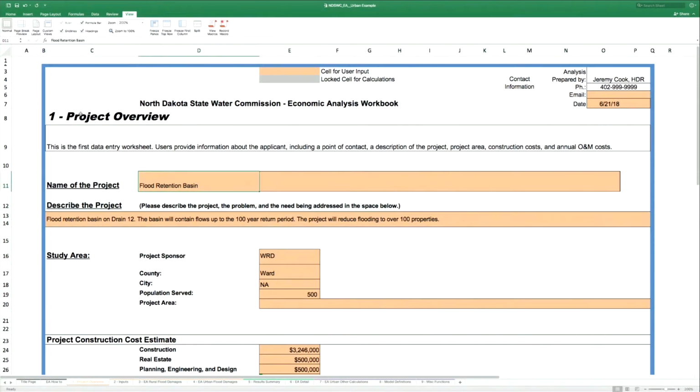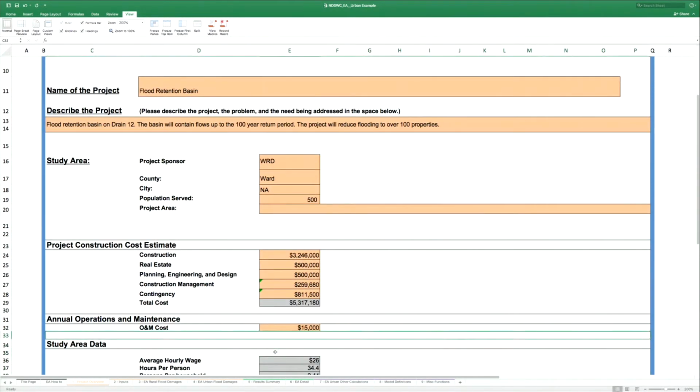You're doing a flood retention basin here, and the basin will contain flows up to the 100-year return period, and reduce flooding to over 100 properties.